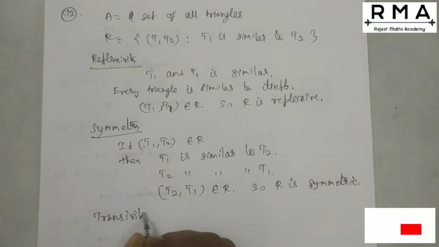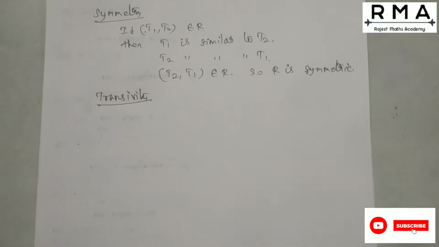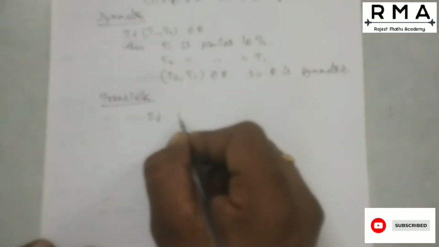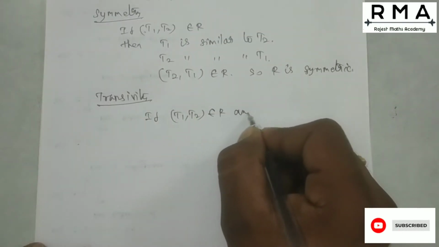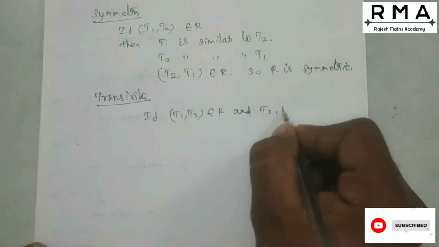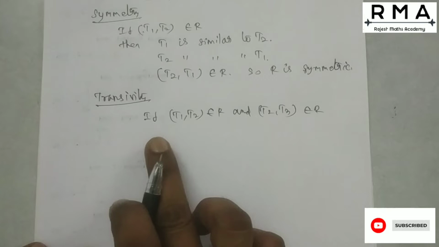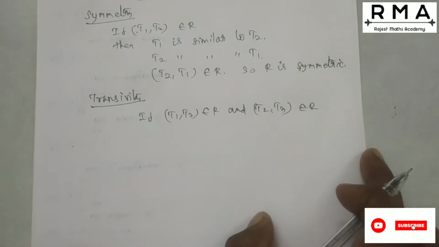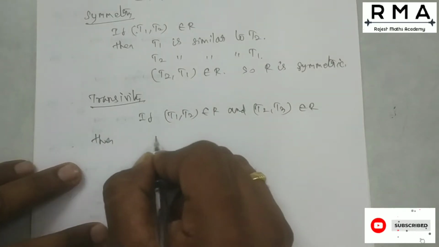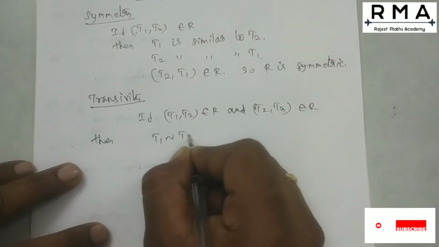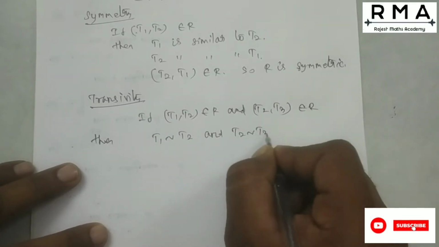Next we need to check transitivity. What is transitivity? If (T1, T2) belongs to R and (T2, T3) belongs to R, then I need to show that (T1, T3) also belongs to R. Clear? So from these two, symbolically, T1 is similar to T2 and T2 is similar to T3.